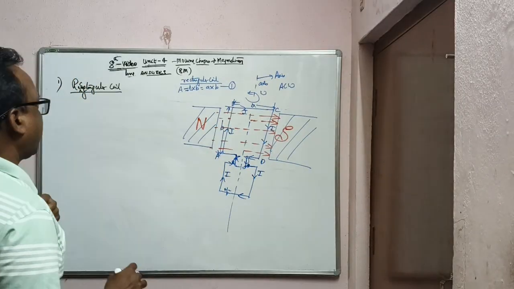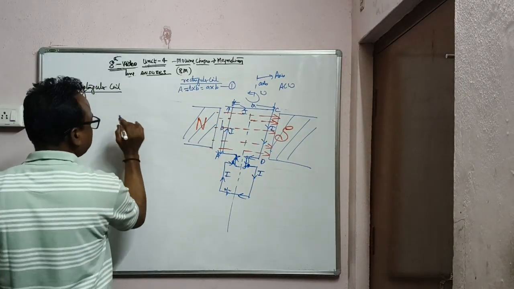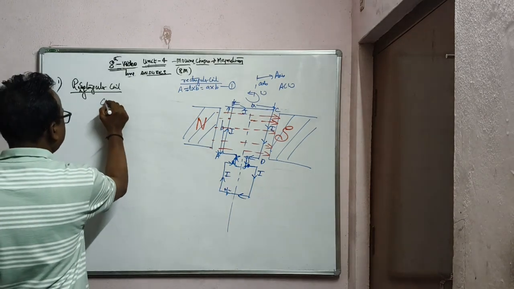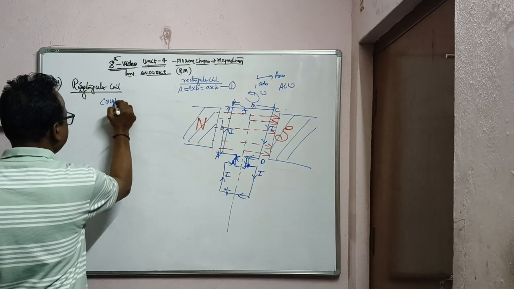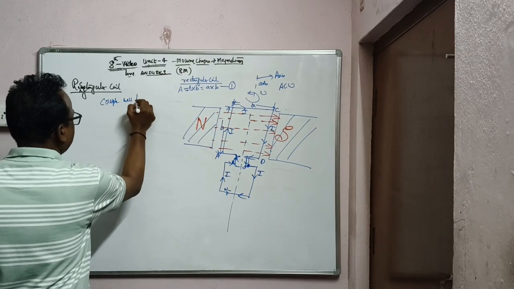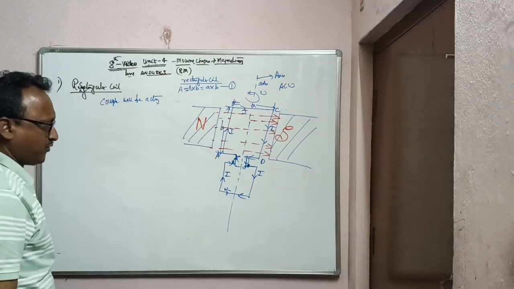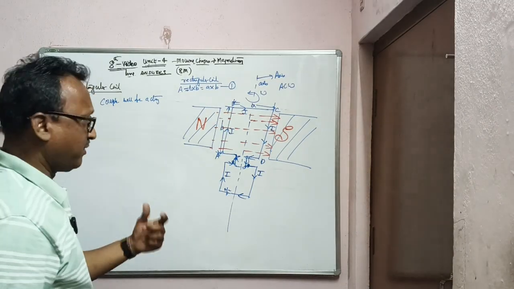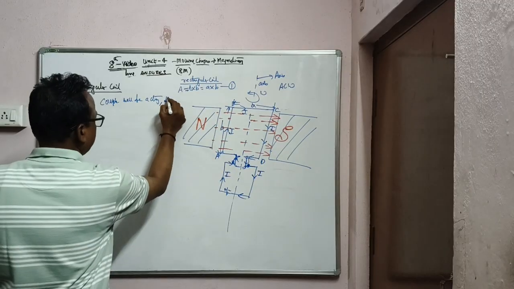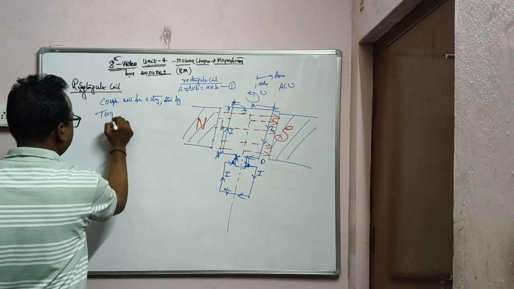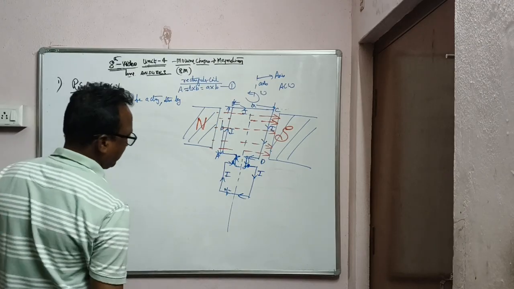So what happens here is that torque will be acting on the coil and also a couple will be there, two equal unlike forces, and thereby torque will be there, that is force into perpendicular distance.